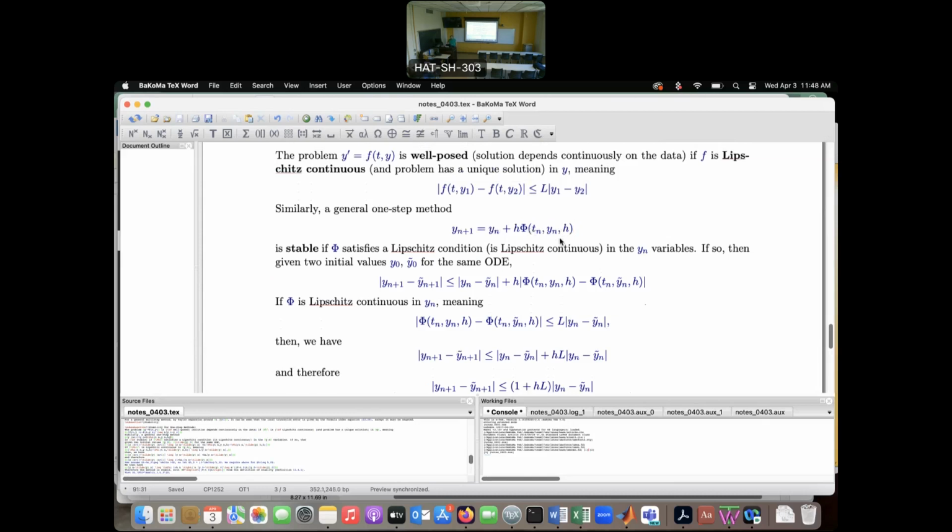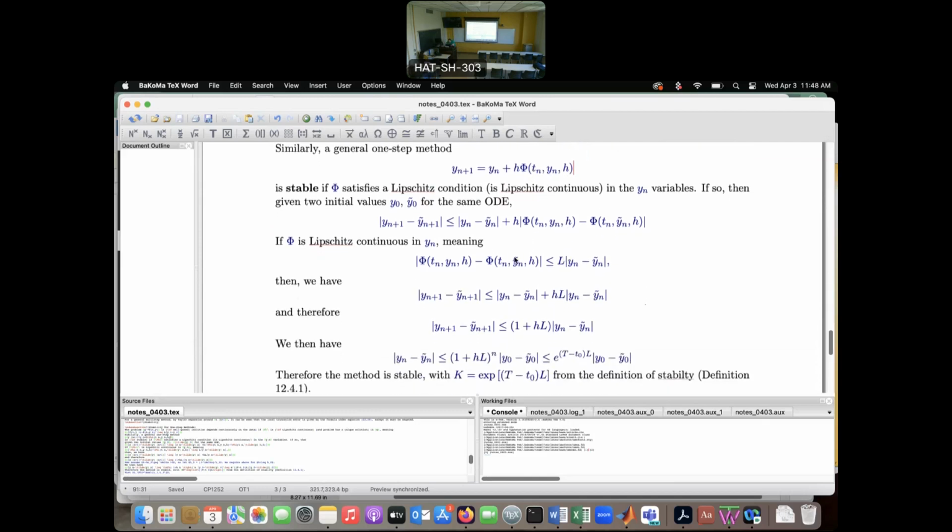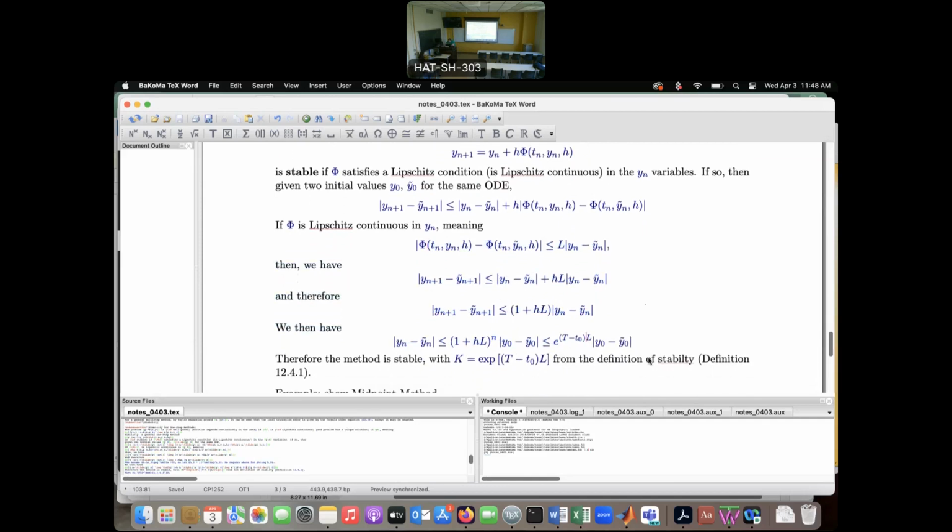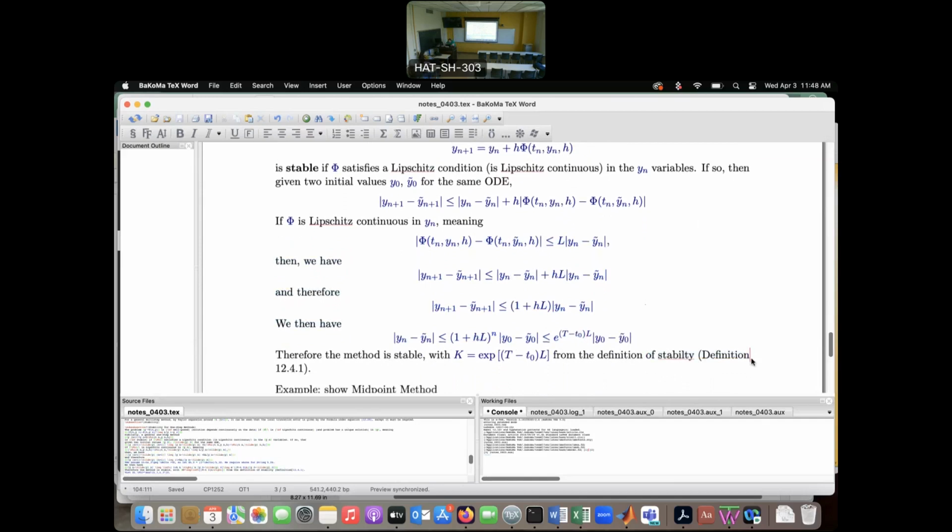We have a less simple way of showing it's stable, by showing that it's Lipschitz continuous in the y variable, in other words, coming up with a Lipschitz constant. And from these manipulations, once that has been accomplished, we actually do have stability in the sense of the original general definition that applies to all time stepping methods.